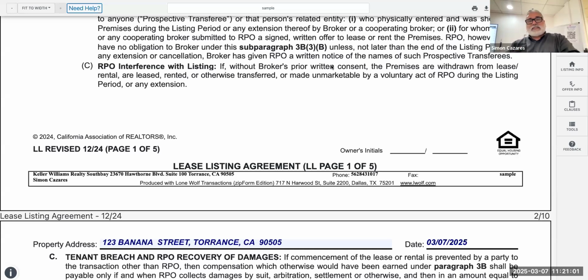Now, if the landlord says, look, I want you to facilitate that, and you're okay doing that, and want to be compensated additionally, you want to make sure you put that on the listing agreement.